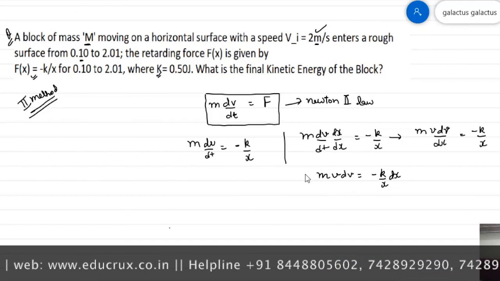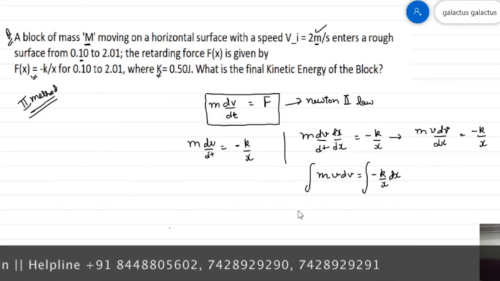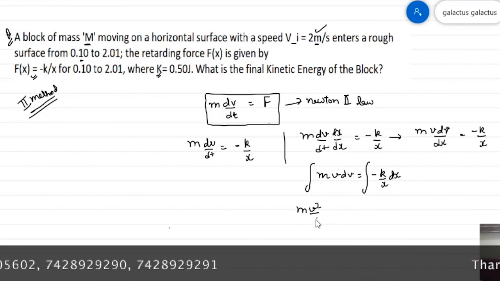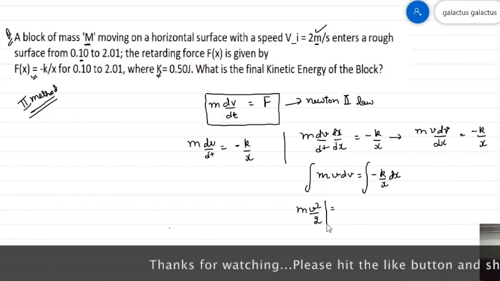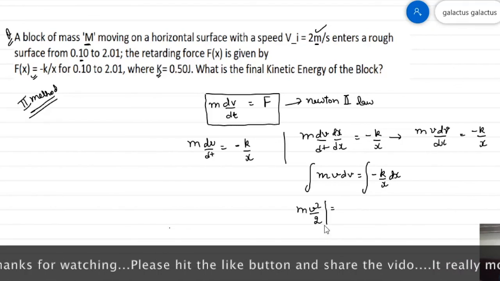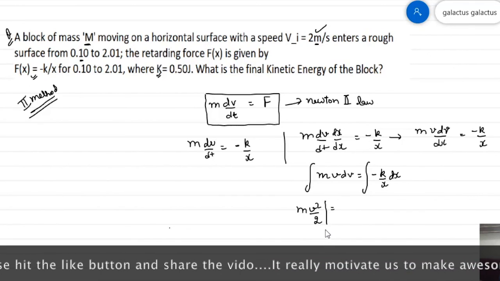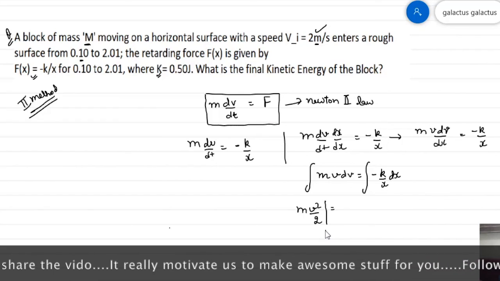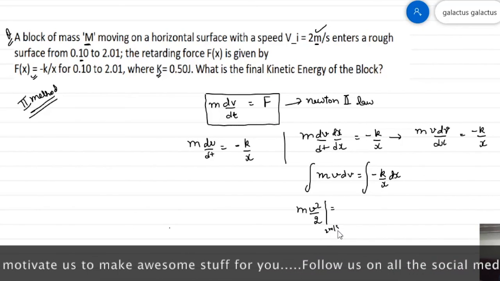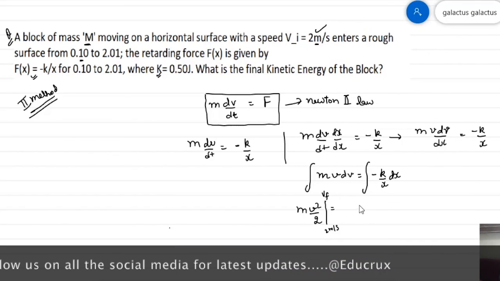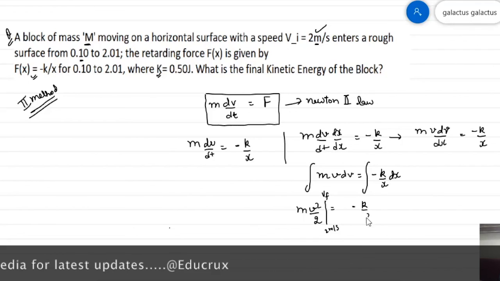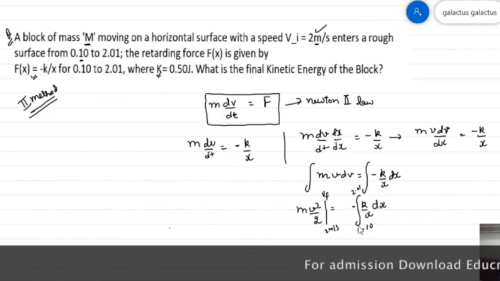If I now perform integration on both sides, I will get m v squared by 2, and then I have to apply the limits. So v initial is 2 meter per second and v final I have to find out, and over here my integration limit will be minus k by x dx, integration from 0.10 to 2.01.